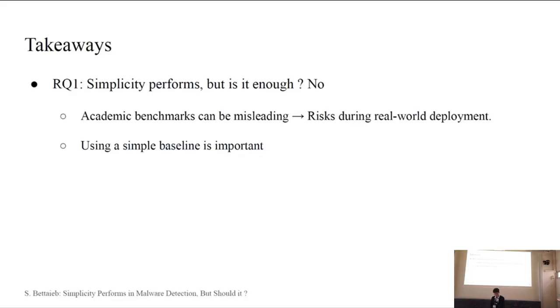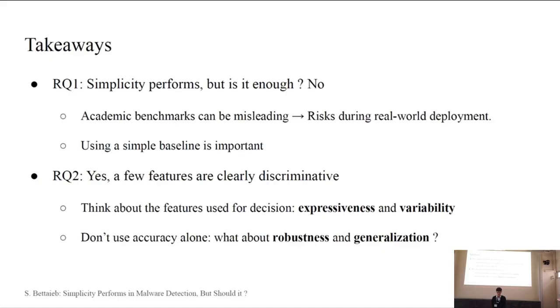For the second question, yes, we clearly have a few features that are discriminative. That's why we should always think about what our features are expressing, and the features that are actually used in the decision. You should always also think about the variability of the dataset and the distribution between the classes.